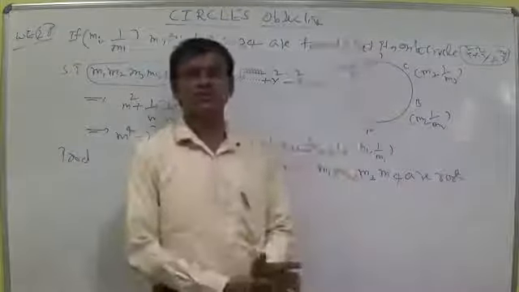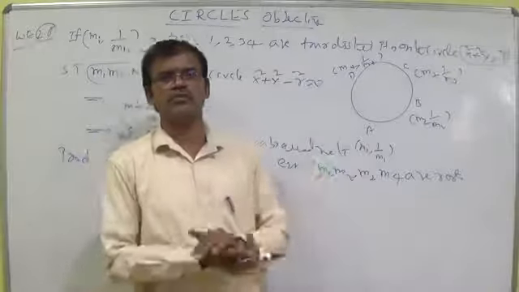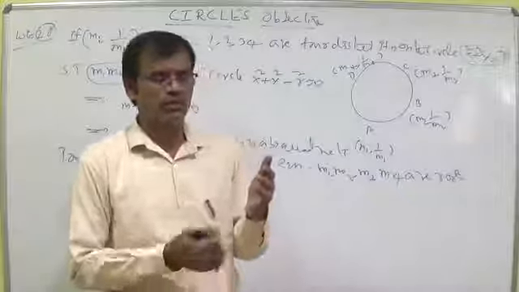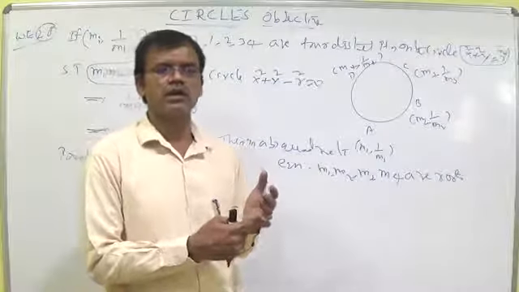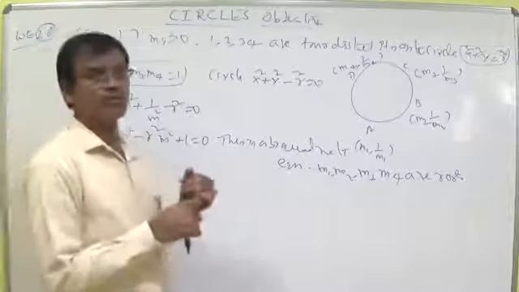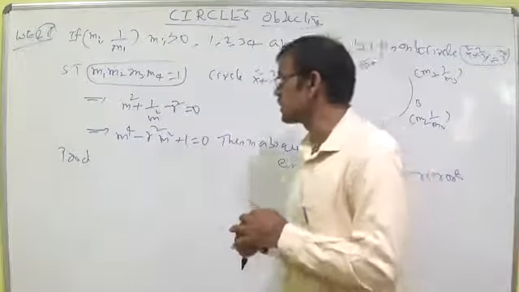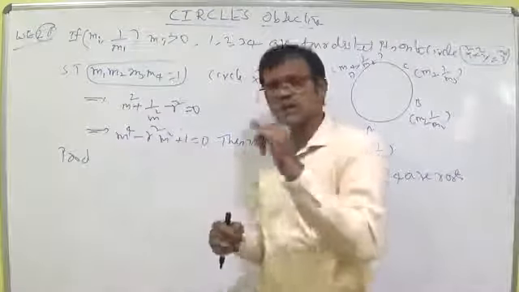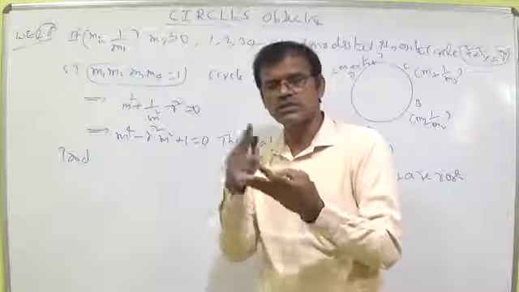I think you know that for a quadratic equation, sum of roots equal to minus b by a and product of roots equal to c by a. For this equation, the sum of the roots m1 plus m2 plus m3 plus m4 is given by minus b by a.